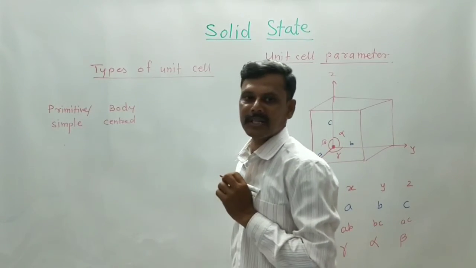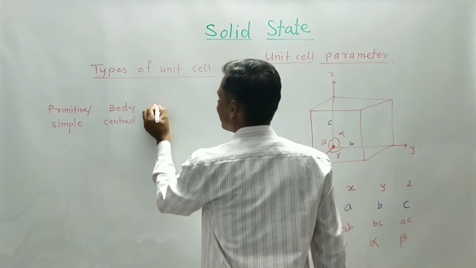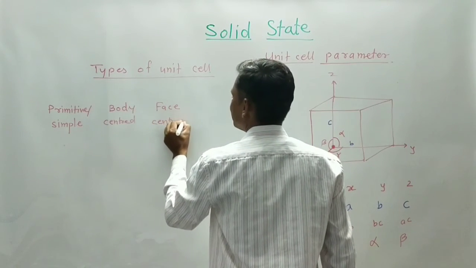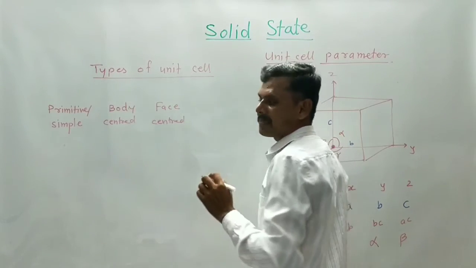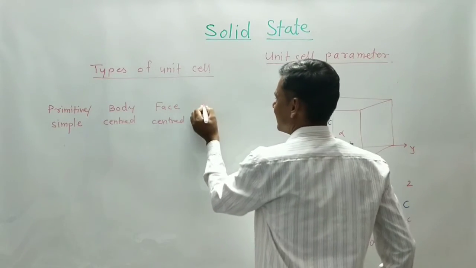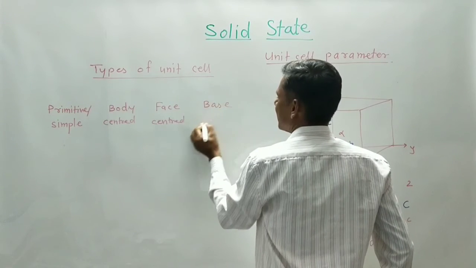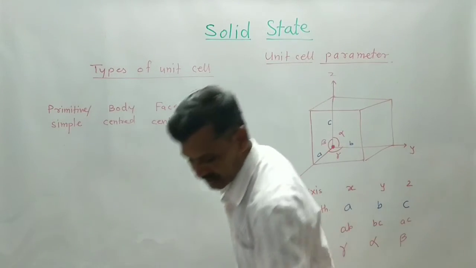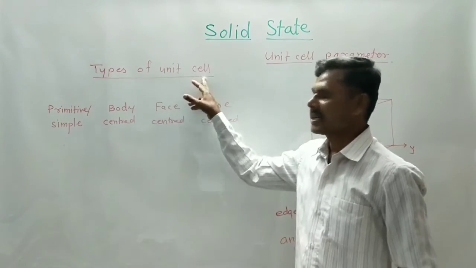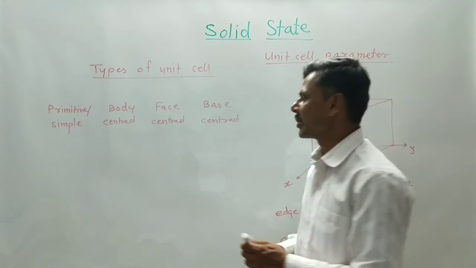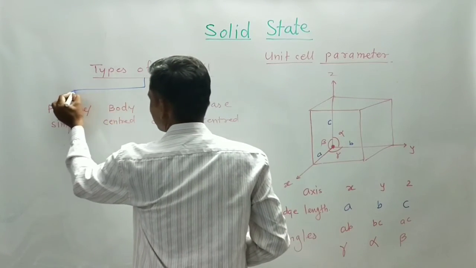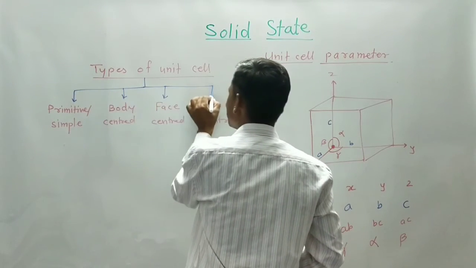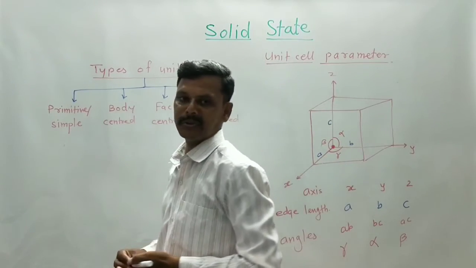The third one is face centered unit cell. And the last one is base centered unit cell. So a unit cell is divided into four types: primitive unit cell, body centered unit cell, face centered unit cell, and base centered unit cell.